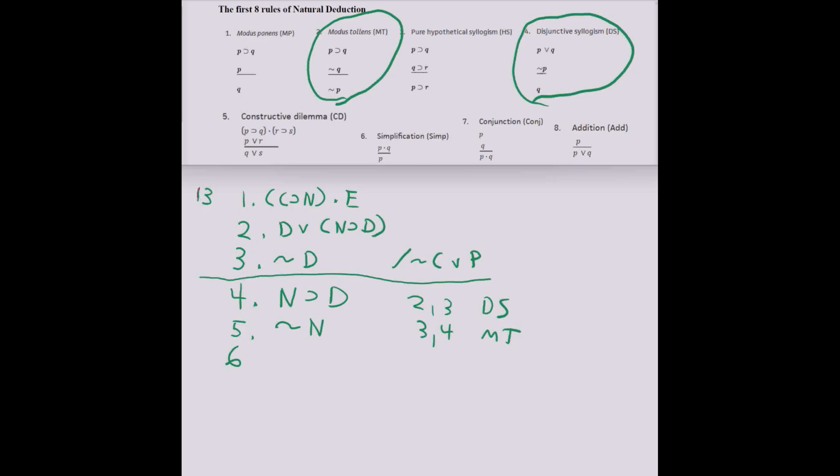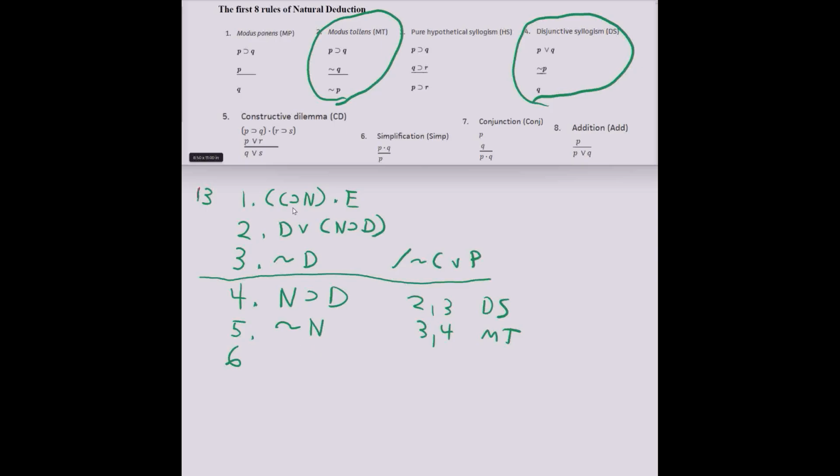This not N, I can't use it here. It's a not N, and it's trapped with this or. What about using it up here? Well, this not N could allow me to use modus tollens on this if-then conditional, but right now the main connective is this, right?